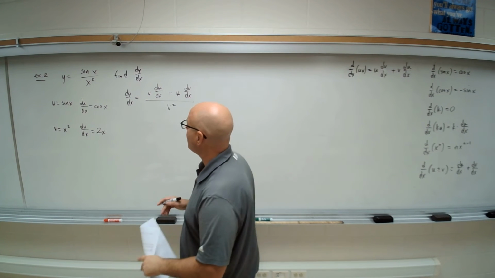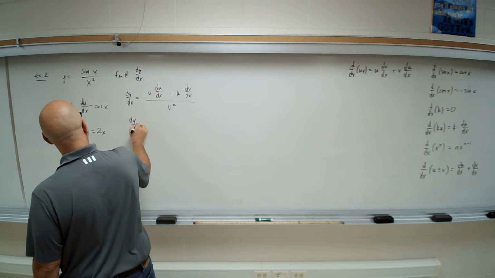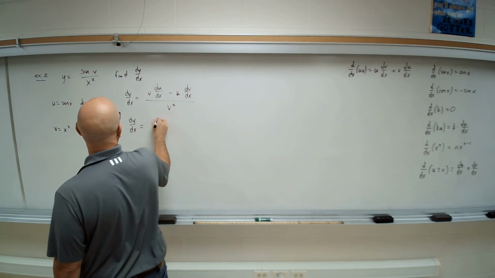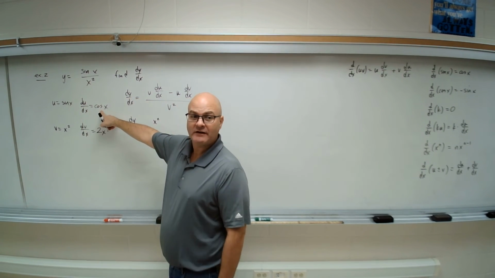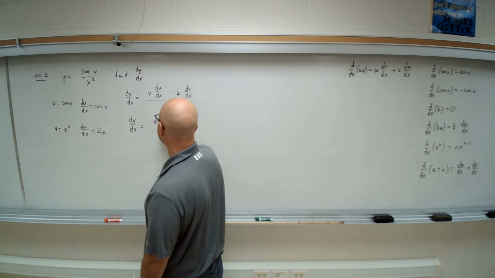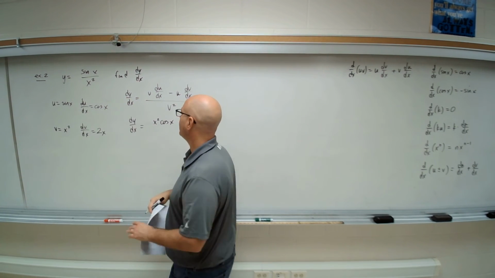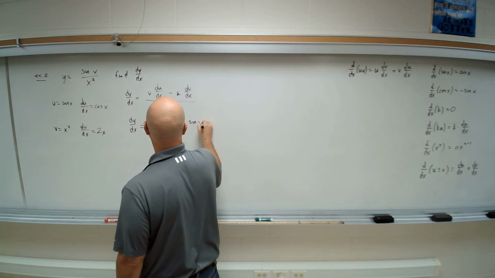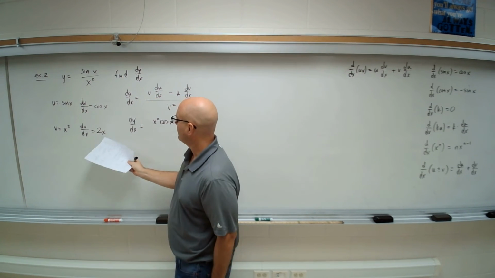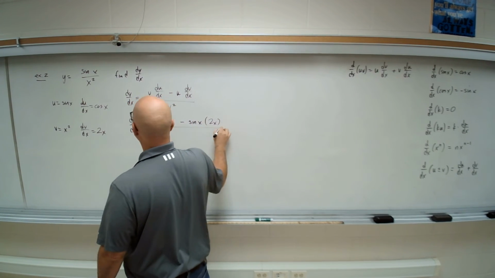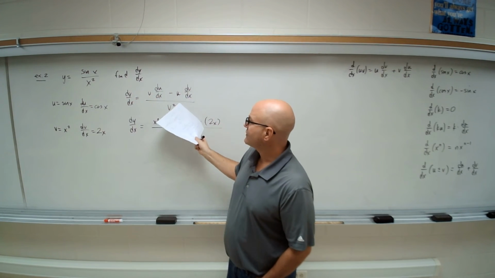But now we want to go ahead and plug into this. And we get v, which is x squared, times the derivative of u with respect to x, which is the cosine of x, minus u, which is the sine of x, times 2x, which is dv dx. Now it's going to be over v squared.